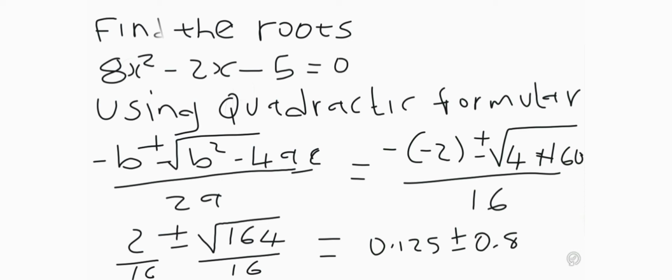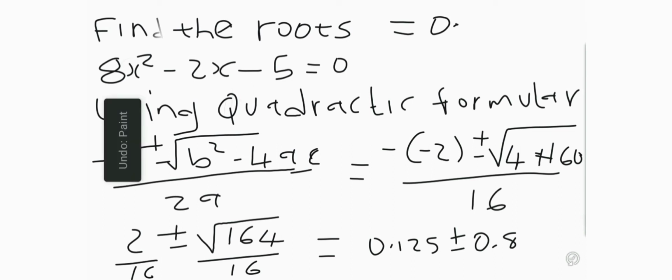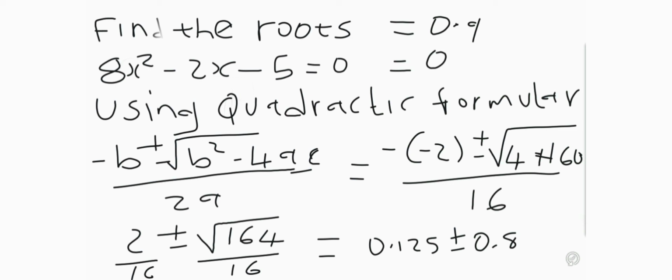Anything they give you, divided by 16, you have 0.8 as your answer. So 0.125 plus or minus 0.8 simply means add 0.125 to 0.8, and subtract 0.125 from 0.8. Adding gives us 0.9. Subtracting 0.125 from 0.8 gives us minus 0.69, which is approximately minus 0.7.